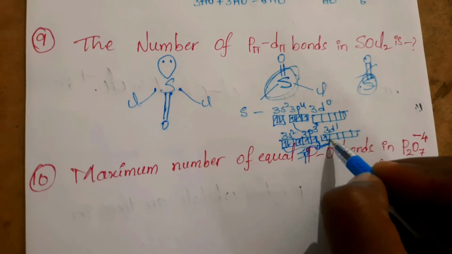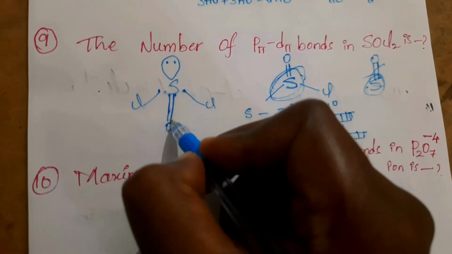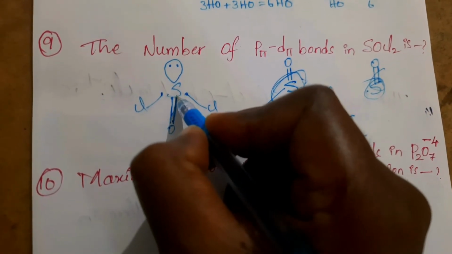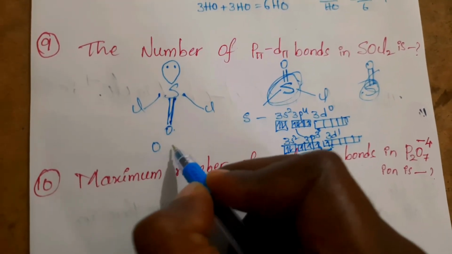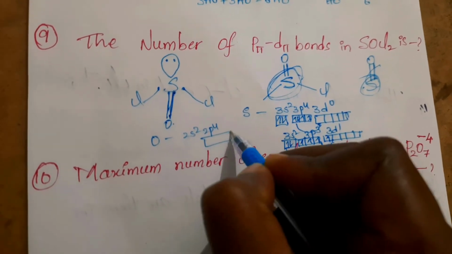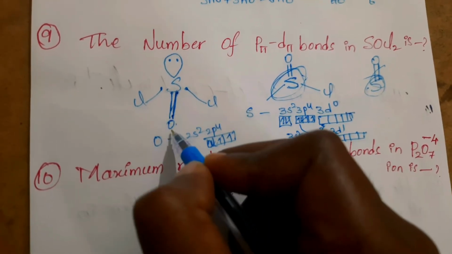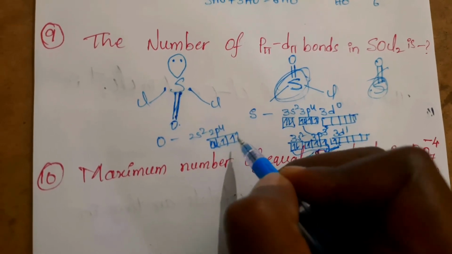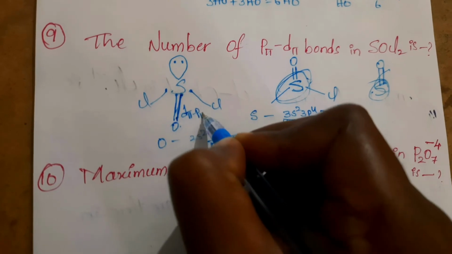That unhybridized d orbital of sulfur atom is overlapping with the p orbital of oxygen. Oxygen has electronic configuration 2s2 2p4, which contains two unpaired electrons. One unpaired electron is overlapping end-to-end with the hybrid orbital and forming the sigma bond. Another unpaired electron is participating in d pi p pi overlapping.